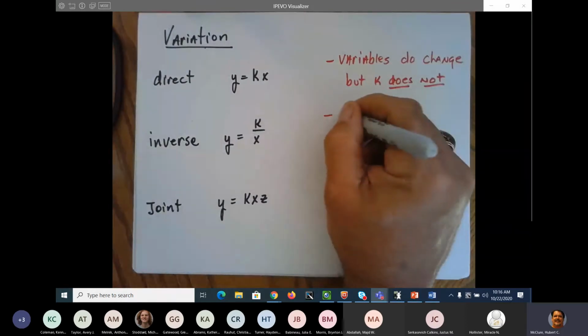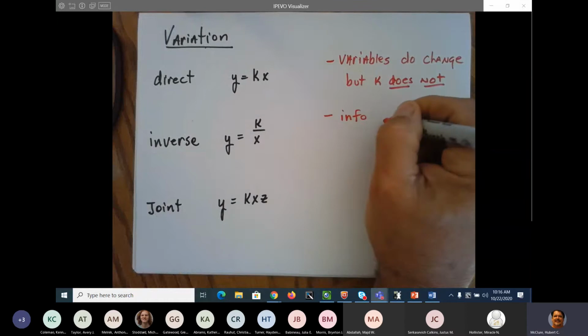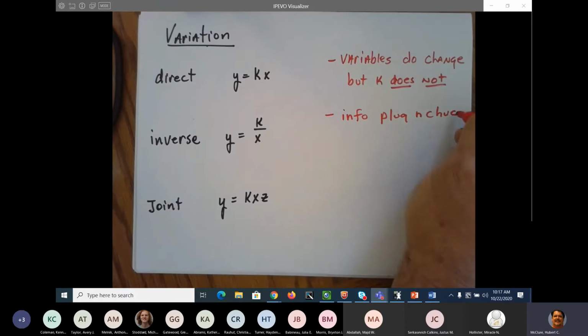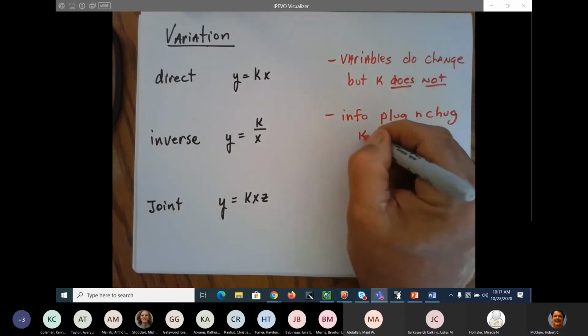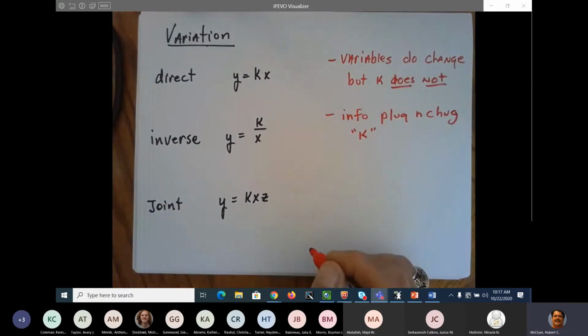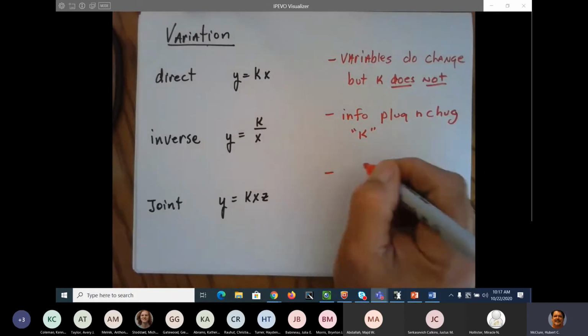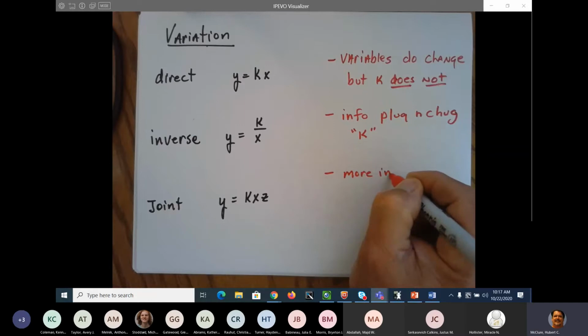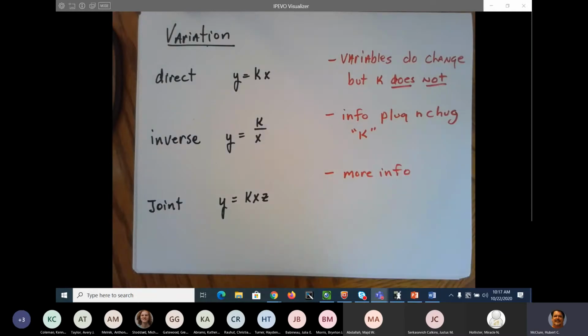They will give you info to plug and chug, usually to get K. And then on some questions, after you find K, they're going to give you more info to plug in and multiply with K. So just remember those three things that you're going to be doing with these three formulas.